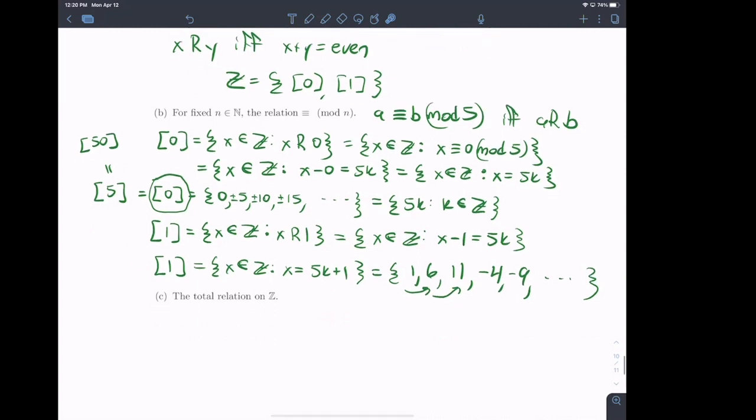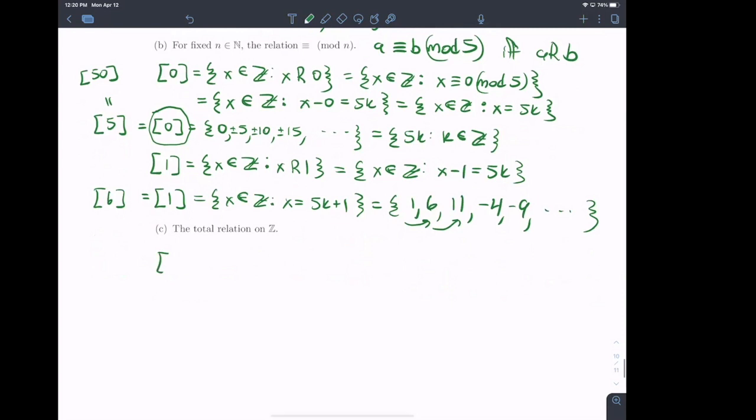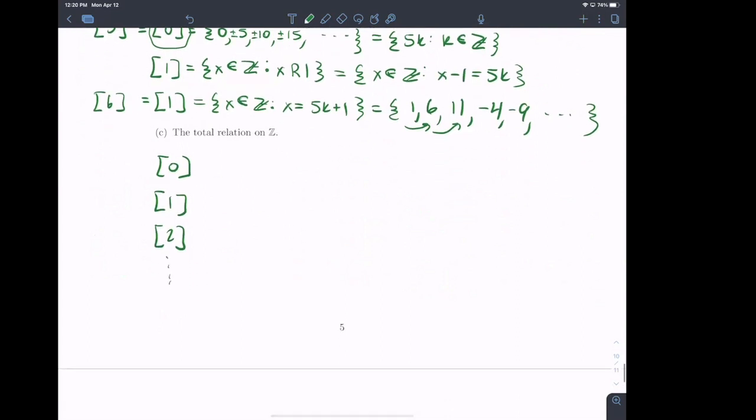And again, whether I choose 1 as the representative of this class or whether I choose 6 or 11, they would be the same set. So just to summarize this for the situation for 5, we would have 5 different equivalence classes like this.